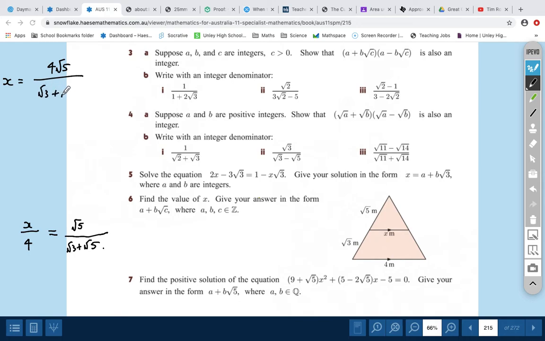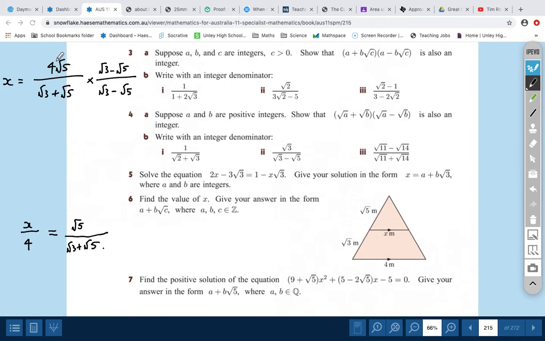Hopefully you can see where this is going now, because it's just turned into another question where we need to rationalize our denominator using a surd conjugate, right? So here we've got an a term and a b term, and there's a plus. So we need to use the conjugate of that, i.e. minus. Oh, my pen's a bit dodgy.